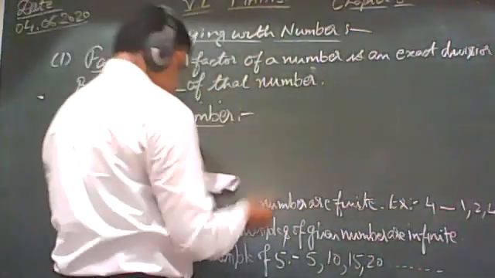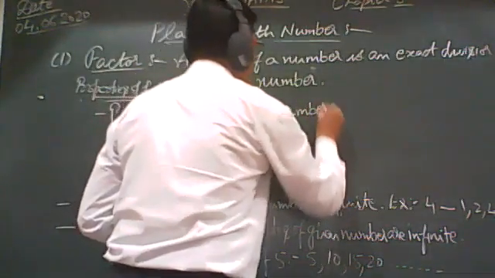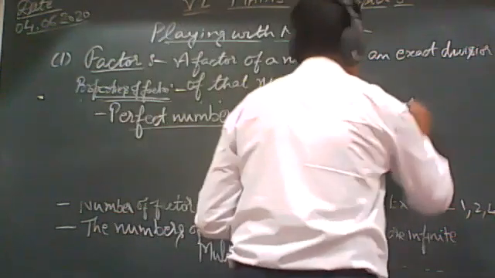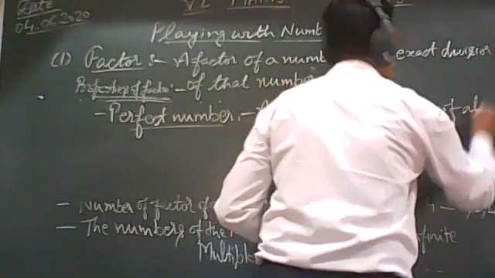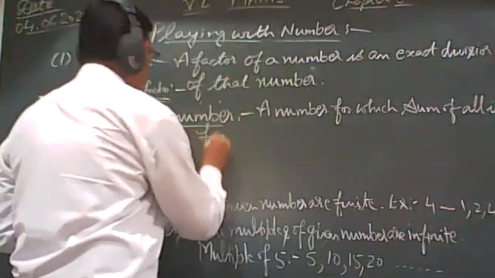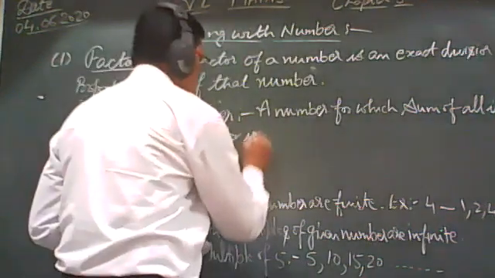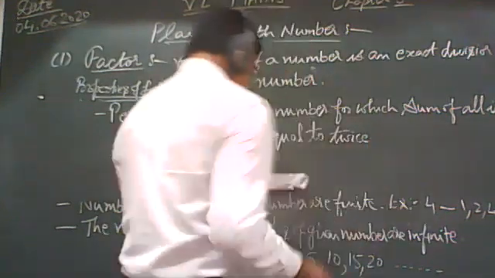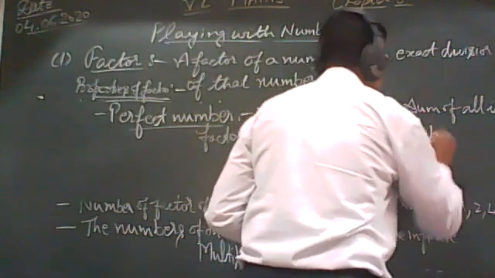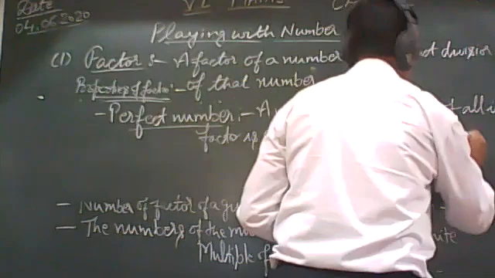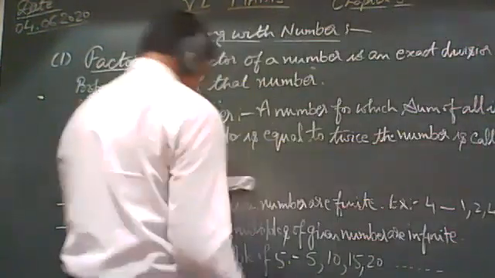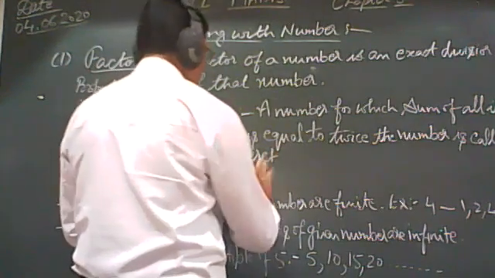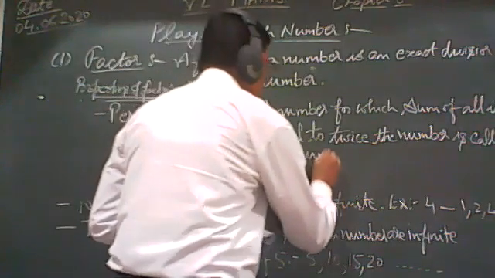A number for which the sum of all its factors is equal to twice the number is called a perfect number.